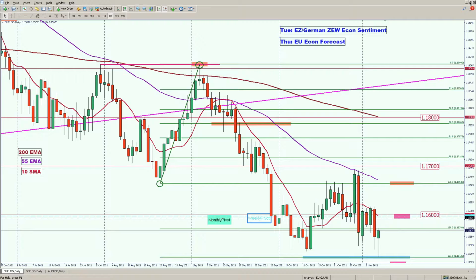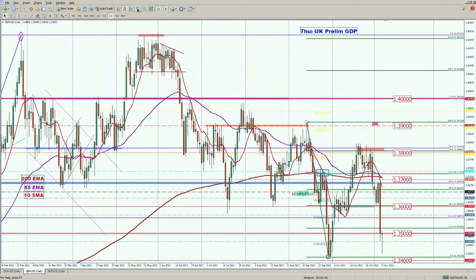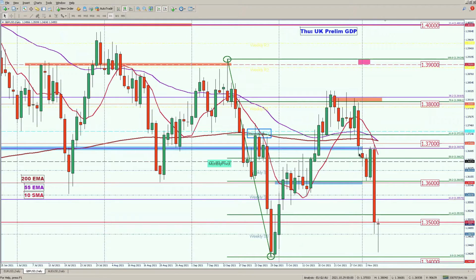Okay, let's move on to the cable, where the pound sterling had a disaster on the Thursday with the Bank of England not raising interest rates as the market was fully anticipating. They had already hinted a couple of times that they would act, but it turns out there weren't enough votes.